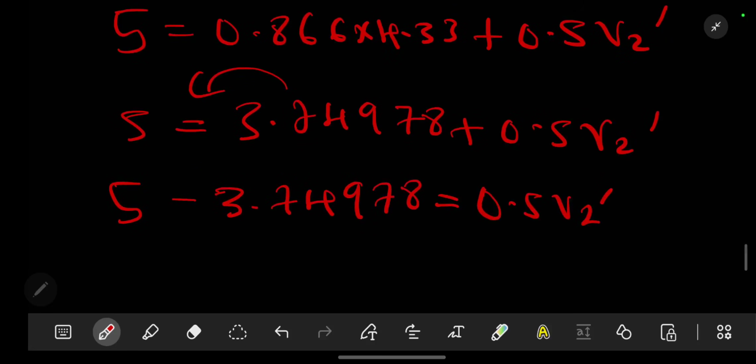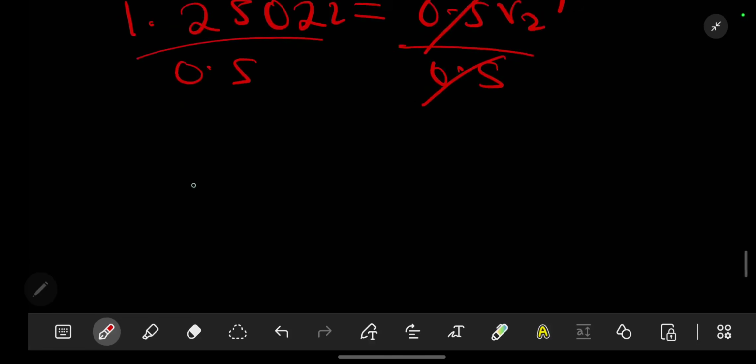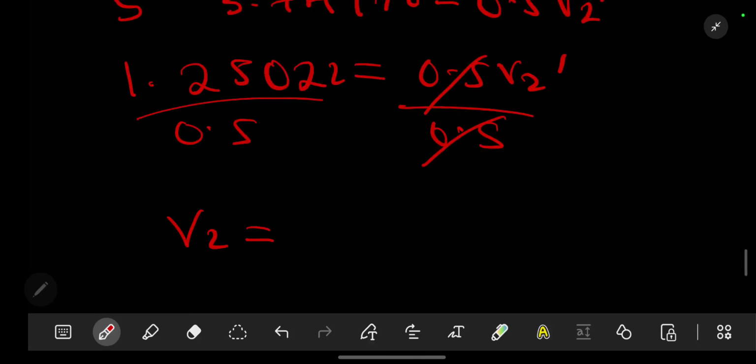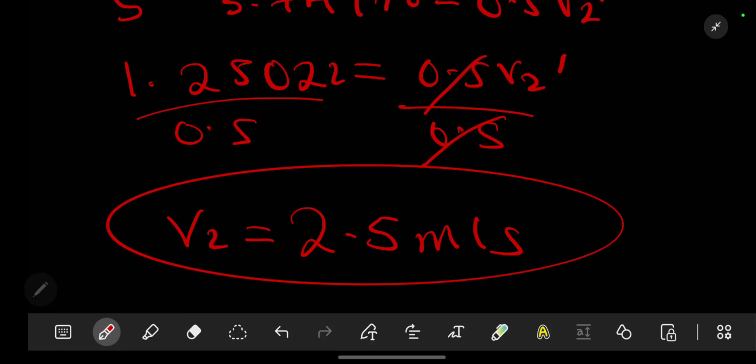If we subtract 5 minus this value, it will give us 1.2502, which should be equal to 0.5 v2 cap. When we divide by 0.5, this is going to give us a value of v2 equal to 2.5 meters per second. So this is the answer that was required.